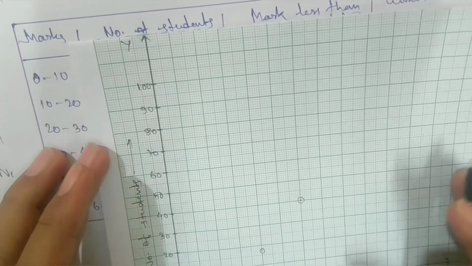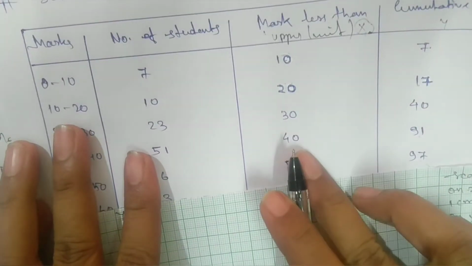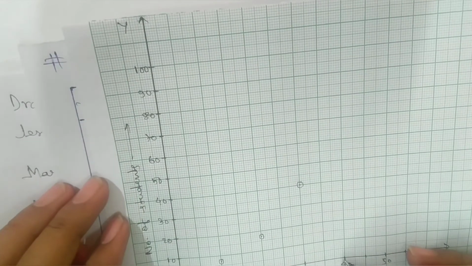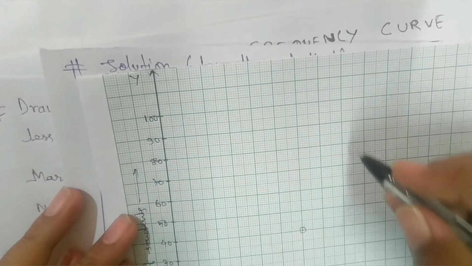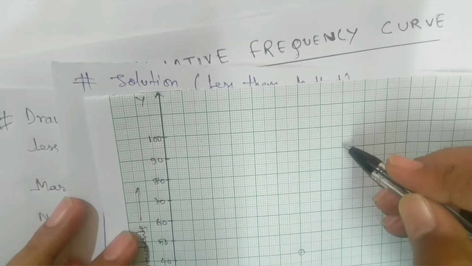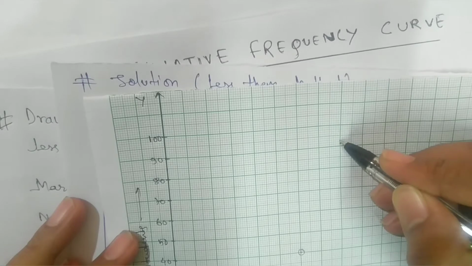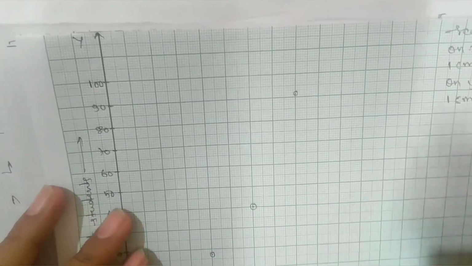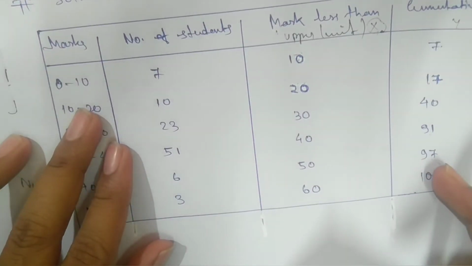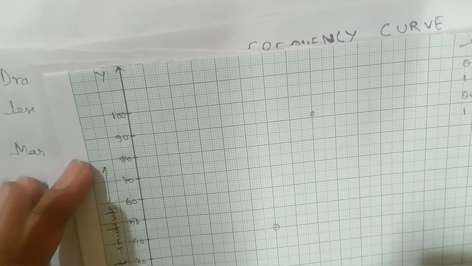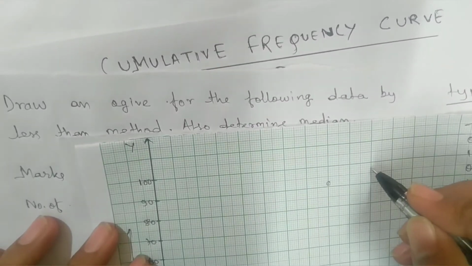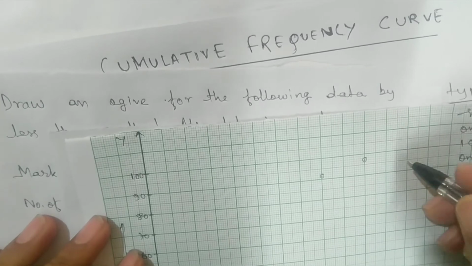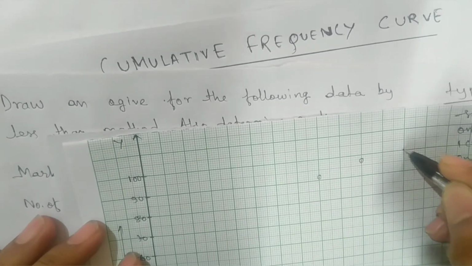Next, (40, 91). This is your 90 and we need 91 here. Next, (50, 97), and (60, 100) here we have.